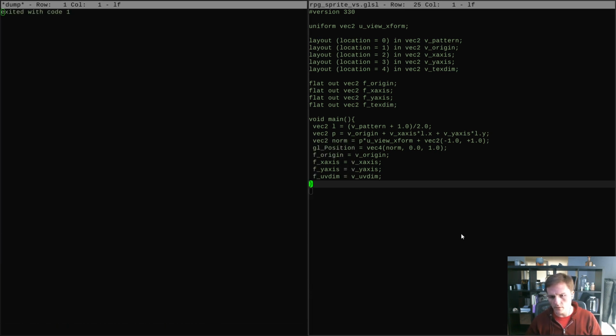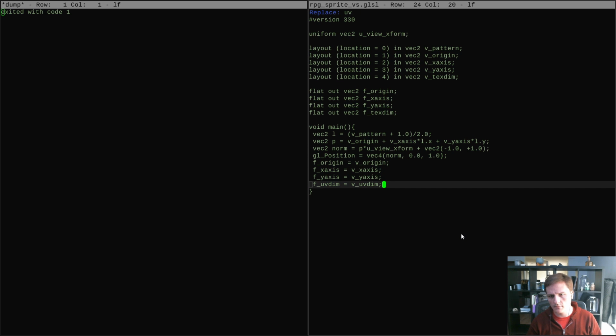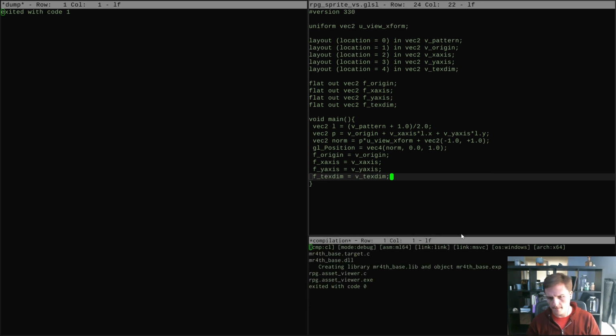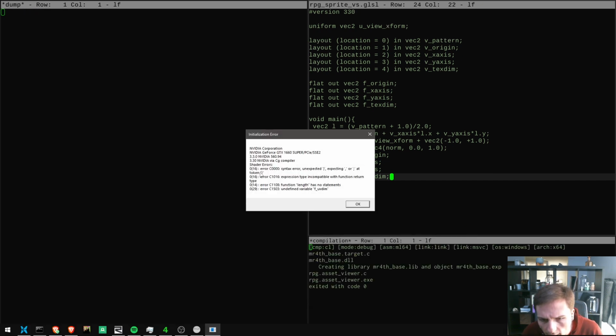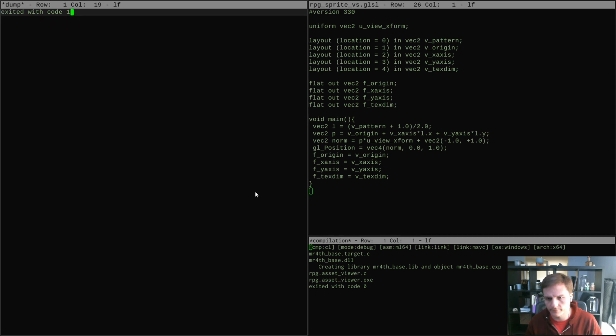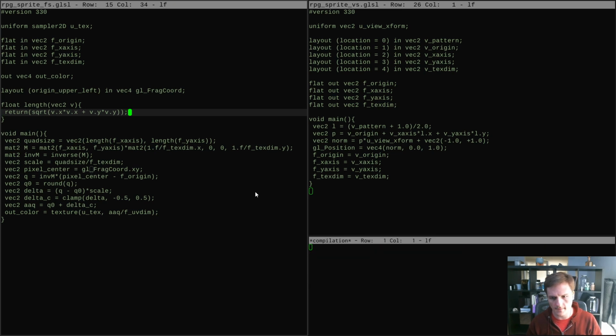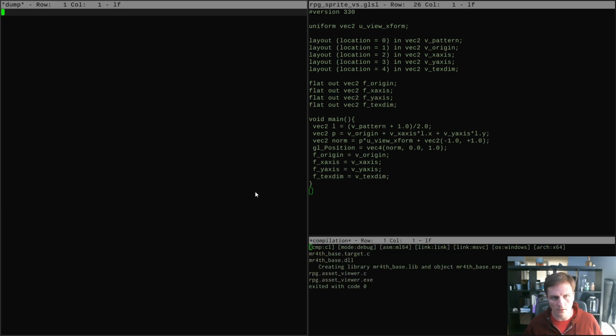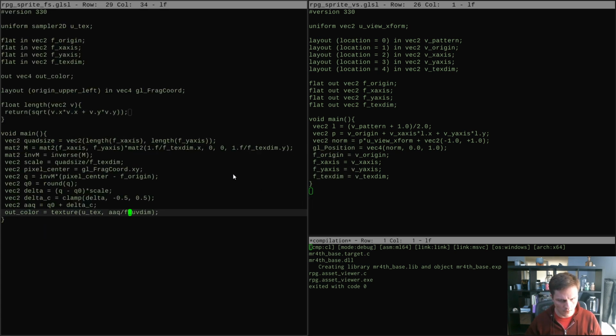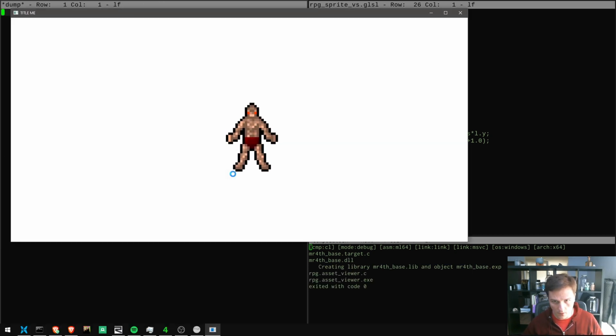FUV dim, VUV dim, try text dim. What do we got here? Line 16, huh? I think that's got to be the fragment shader. Okay. Rebuild. Check. FUV dim. Text dim. Last time. Okay, that looks like it's working.